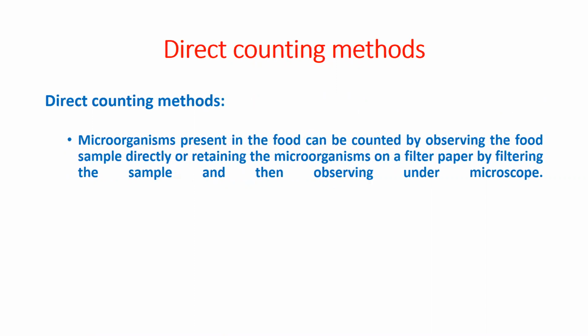In the direct counting method, microorganisms present in the food can be counted by observing the food sample directly, or by retaining the microorganisms on a filter paper by filtering. Here we have two techniques.